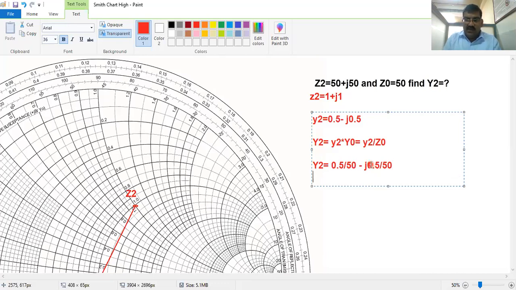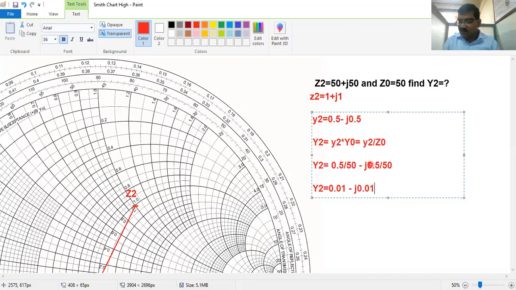Okay, so anybody can give me the answer? Y2, simple calculation. Y2 equals how much? That is 0.01, minus j 0.01.